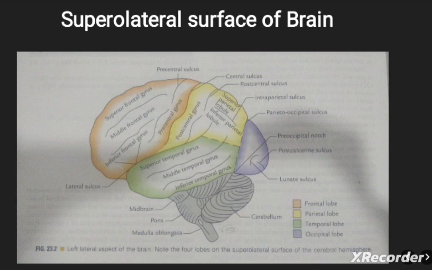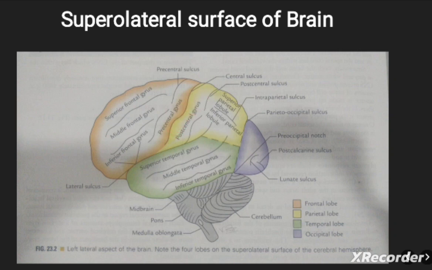So now you can see that here is the frontal part and here is the parietal, then here you can see the occipital lobe and here you can see the temporal lobe. First we can take the parietal lobe, as that is easier to remember. You can see this is the central sulcus. The central sulcus divides the precentral gyrus and the postcentral gyrus.